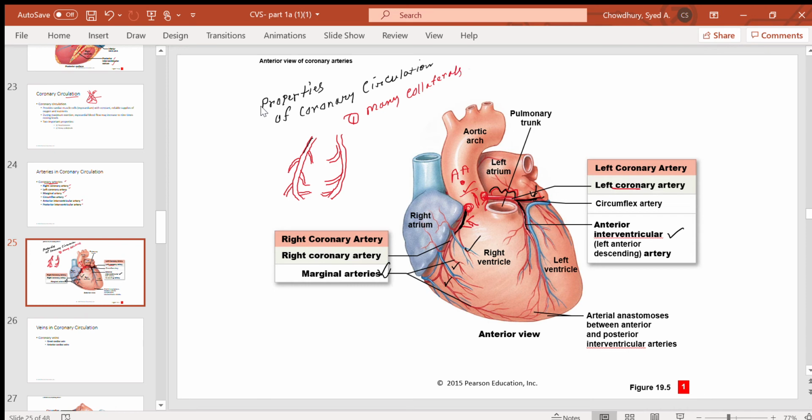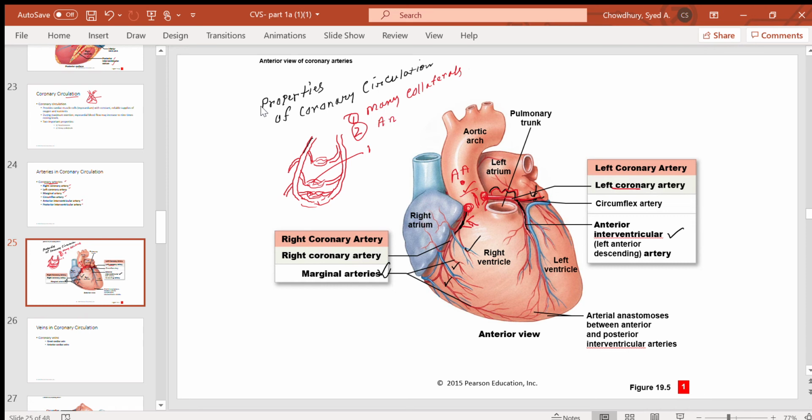Makes sense? And another important property is these branches, you'll see, they get connected to each other by the anastomosis. So they get also connected by small branches. These are called what? Anastomosis connections.